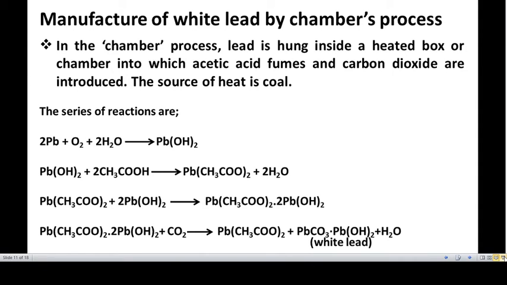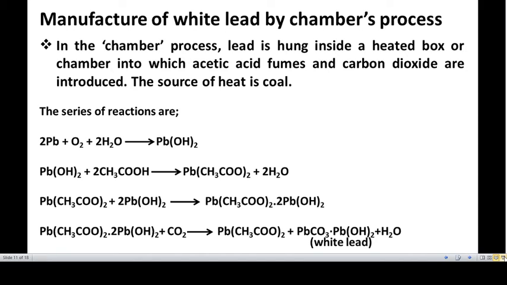So lead reacts with the oxygen to form lead hydroxide, and lead hydroxide reacts with acetic acid fumes to form lead acetate, and the lead acetate reacts with the above lead hydroxide to form a compound including lead hydroxide and lead acetate.